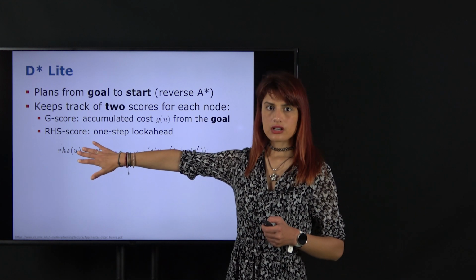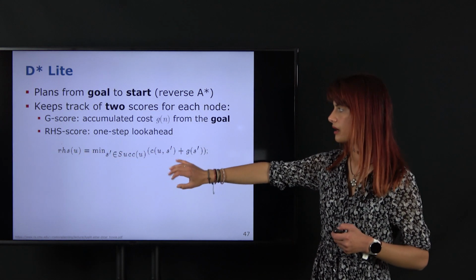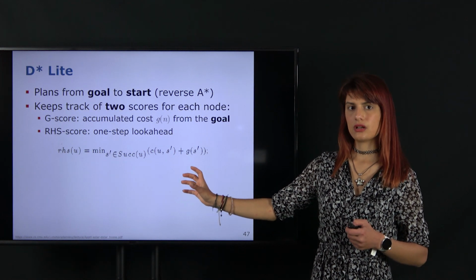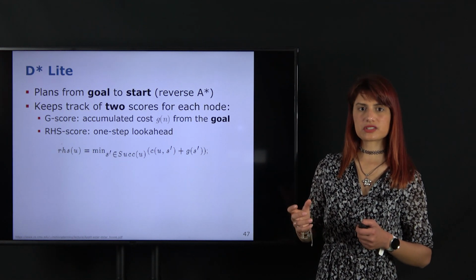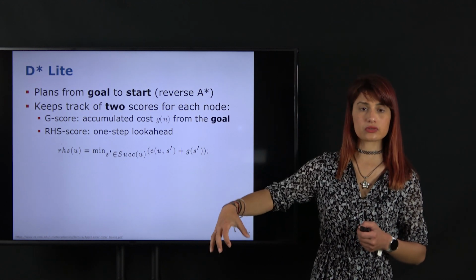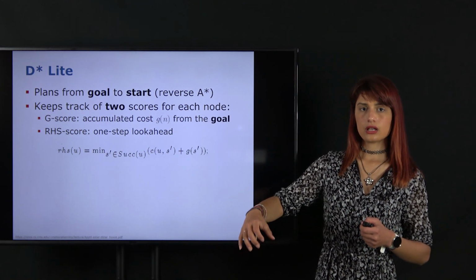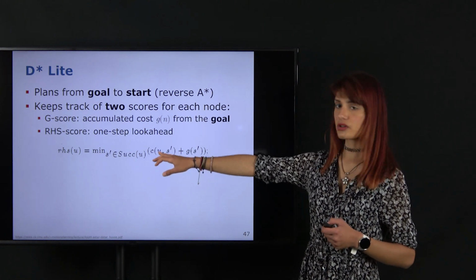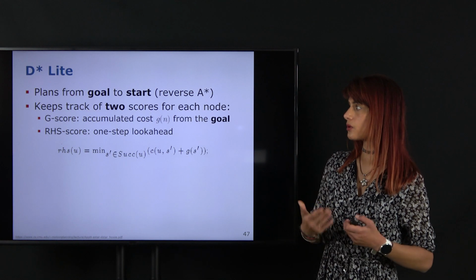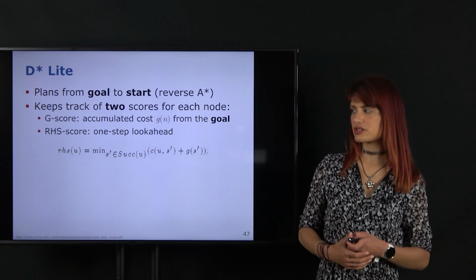So by looking at the RHS score, we can perform very incremental changes to this one-step cost. For example, if we notice that we saw an obstacle in between the parent node and the current node, which is a child, therefore we need to update the cost to infinity because we can't move there. So we will constantly update this RHS score.